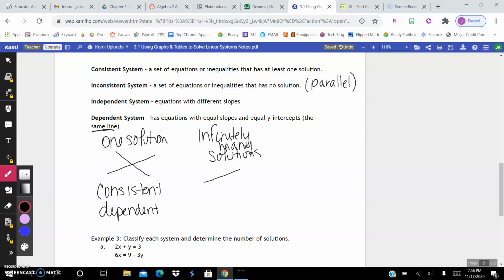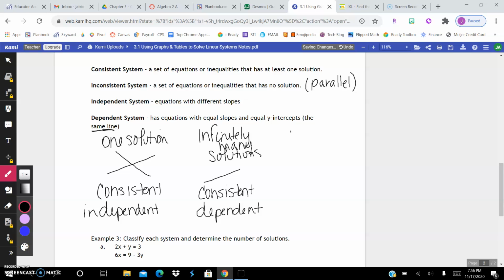So it has infinitely many solutions of where they cross, infinitely many points. So consistent. And then dependent where it says they're the same line. So they have the same slope and same y-intercept. And I just realized this should say independent, not dependent.